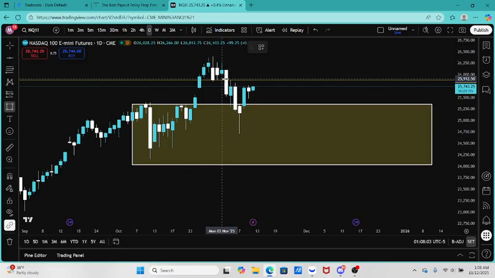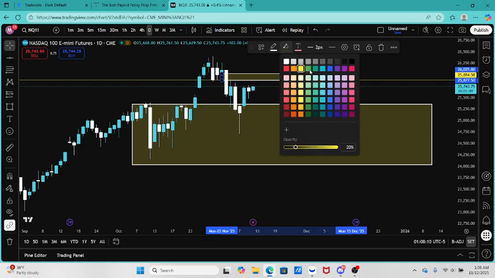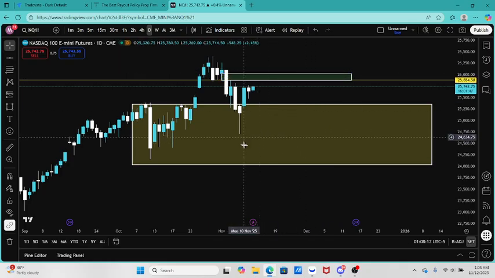So we can aim for that. Make that green. And even better, not only did we come into this order block and stay above the halfway point, but we also took out a low. So we swept some liquidity.